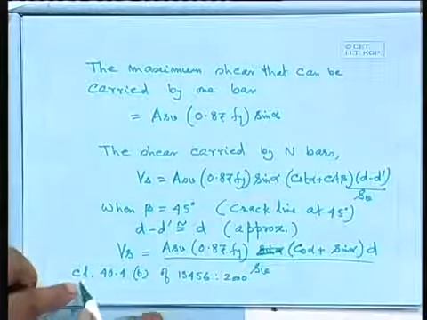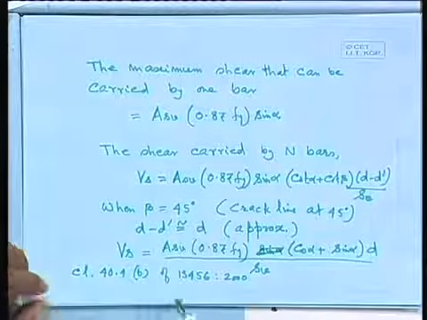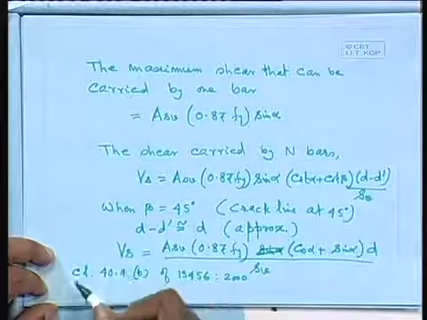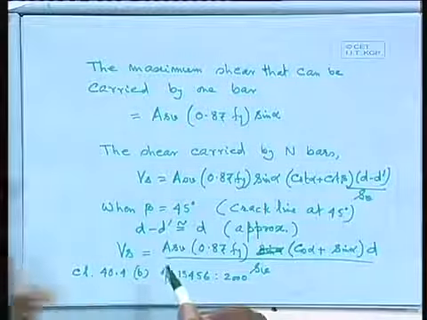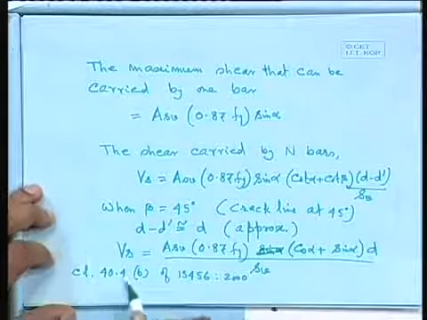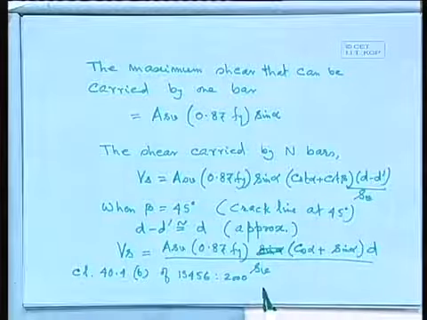So every time we should refer to this clause, where you are getting this from. So this Vs or VUS, which is mentioned in this code, you will get it in clause 40.4 B of IS 456.